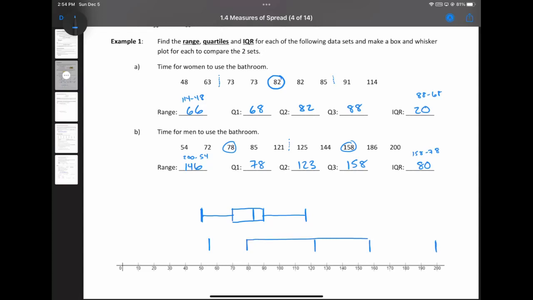Okay, connect the quartiles to represent the interquartile range, and then connect the end 2 with whiskers. And we're done. So there's a nice pictorial comparison of the men's and the women's bathroom times. And we can see that in almost every metric, the men take longer than the women.